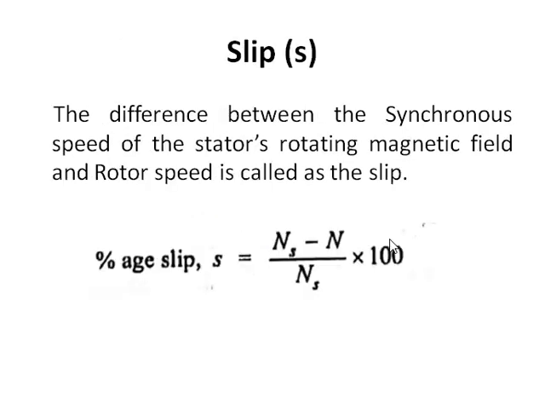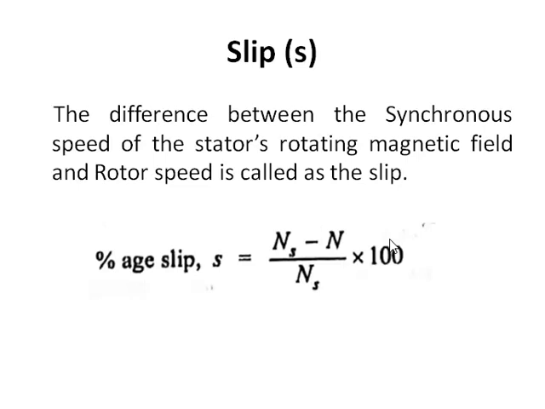Next is the important terminology, that is slip of the induction motor. Now what is a slip? I told you when we learned the principle of operation, when the stator winding was given a three-phase supply, it created a rotating magnetic field, and the rotor winding, which was initially standstill, starts cutting the magnetic flux.